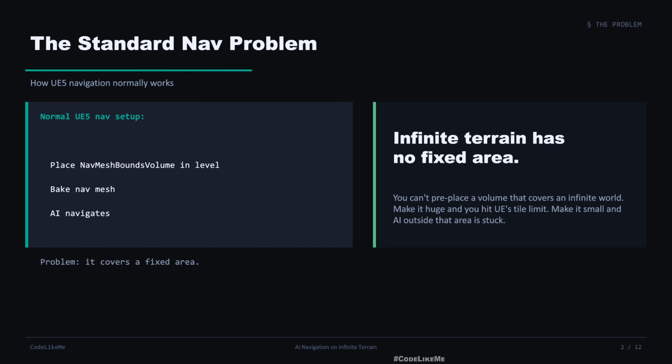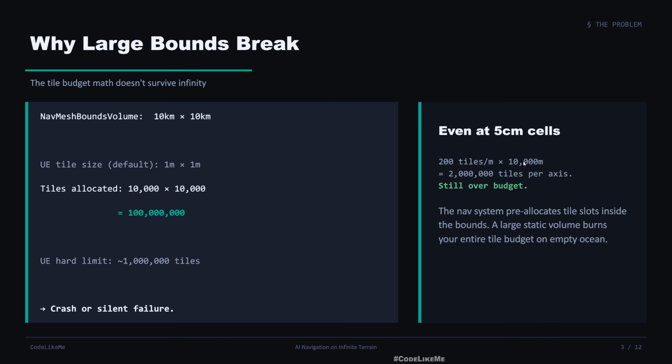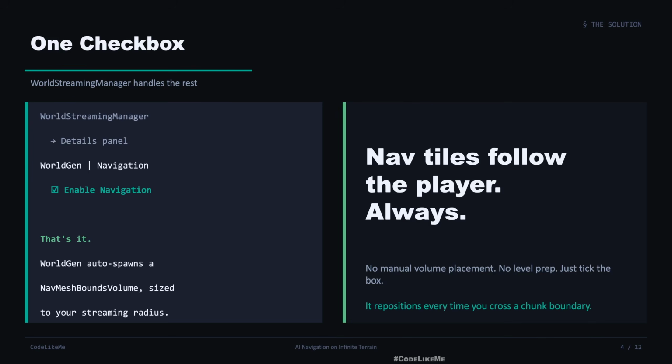And we also can't directly use navigation invokers, because we have to have a NavMeshBoundsVolume for that to work too. Also there is a hard limit on the number of tiles that the navigation system supports in Unreal. So it can't be infinite with the default setup at all.